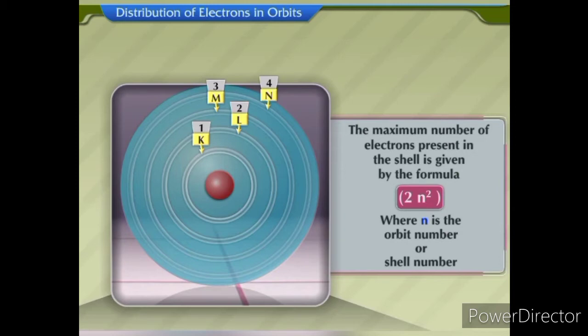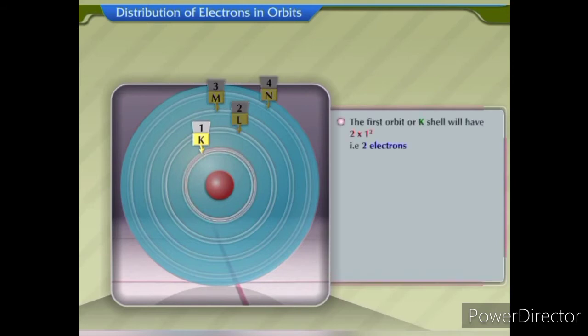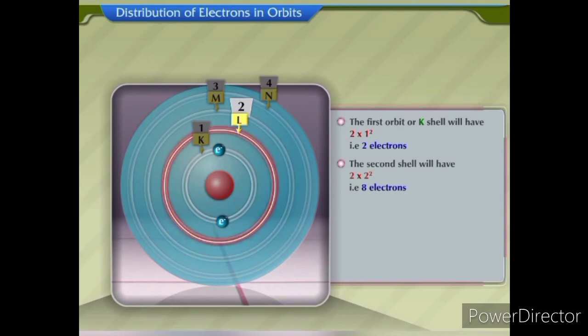The maximum number of electrons in different shells are as follows. The first orbit or K shell will have 2 multiplied by 1 square, that is 2 electrons. The second shell will have 2 multiplied by 2 square, that is 8 electrons.